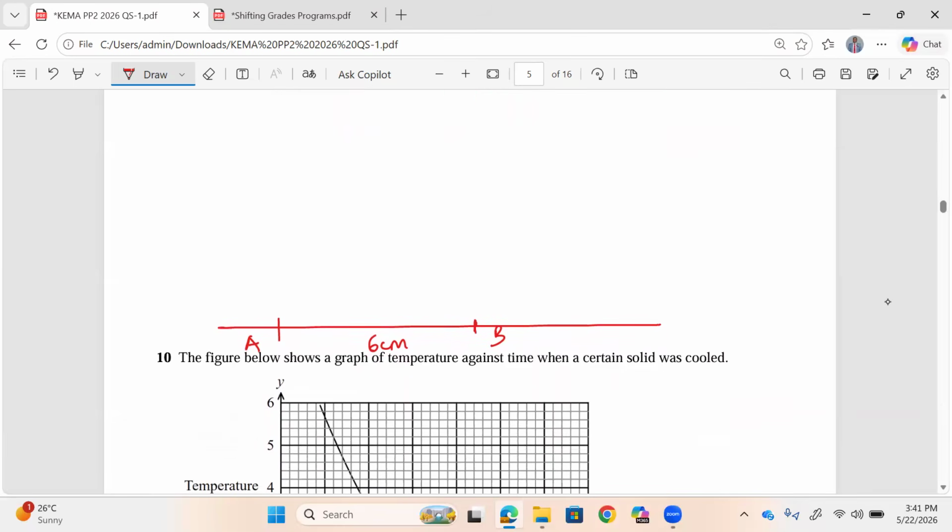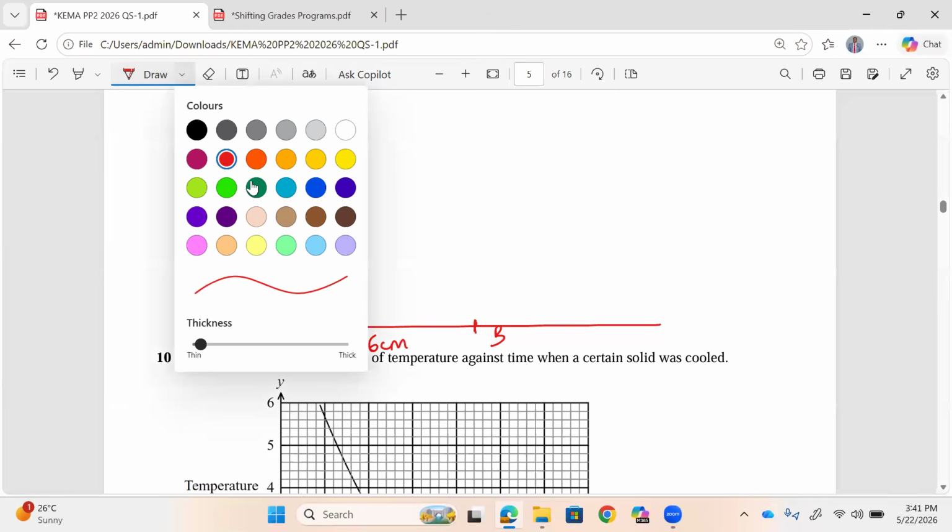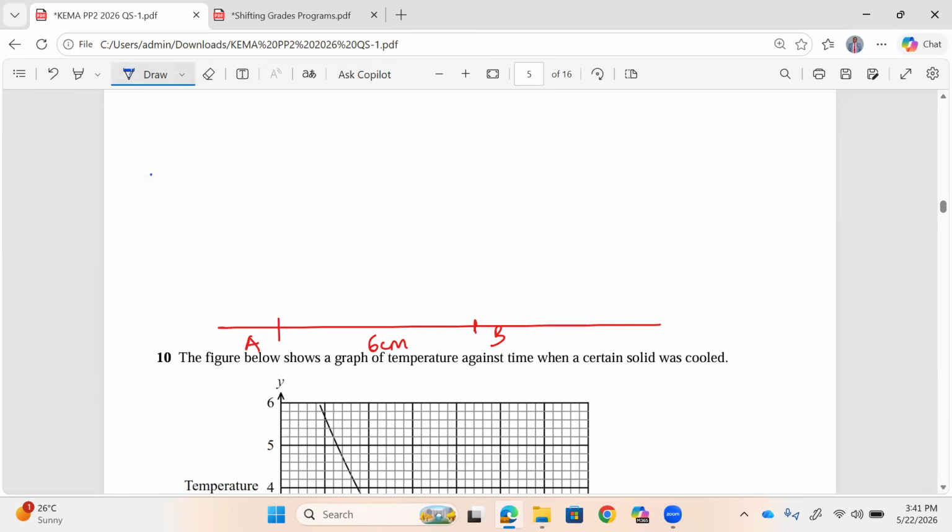With perpendicular lines at point A, and also B, we're supposed to measure 2 centimeters along them.